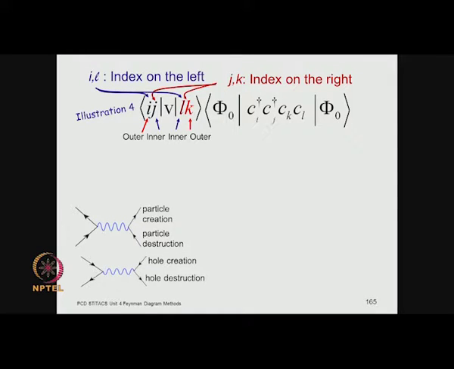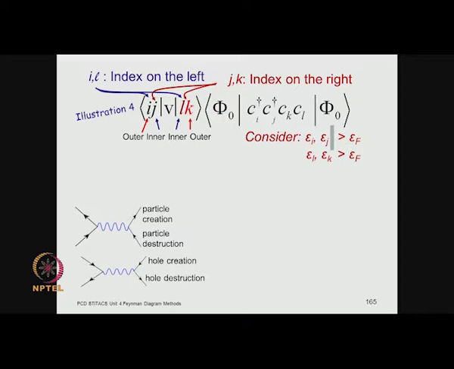So, we are taking the expectation value of a certain set of creation and destruction operators in the vacuum state, and we consider in this example the states i, j, k, l, of which i and j will be above the Fermi level and l and k will also be above the Fermi level. So, all are particle states with a slanted p.